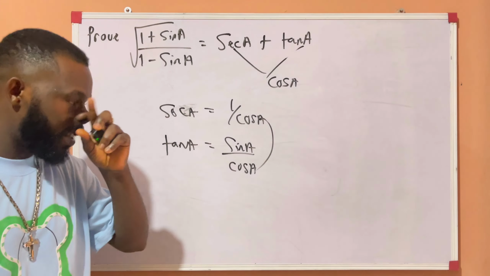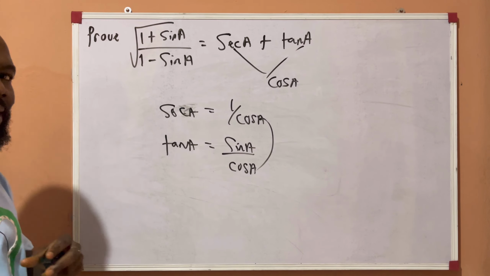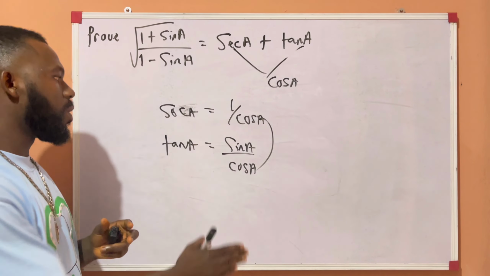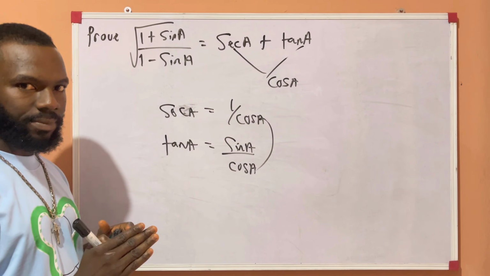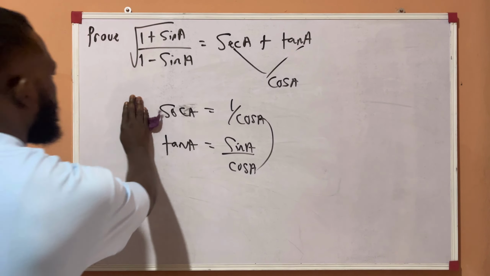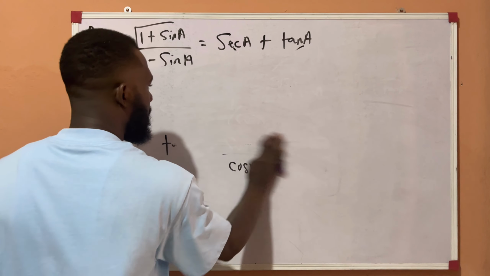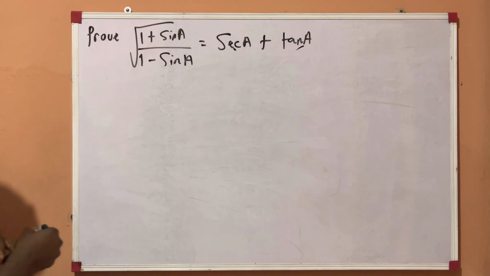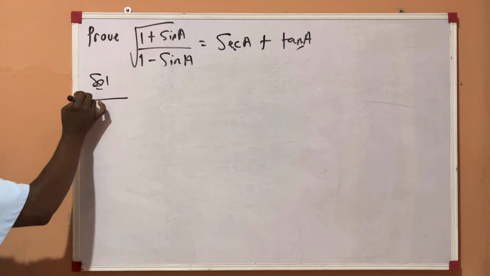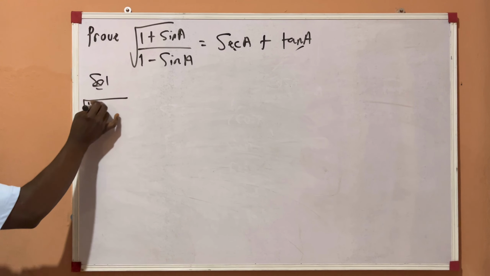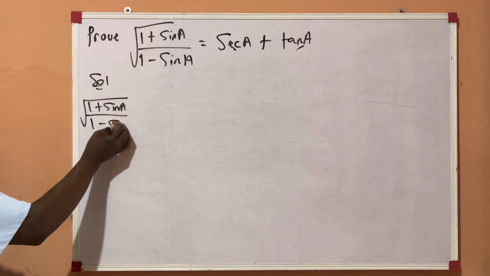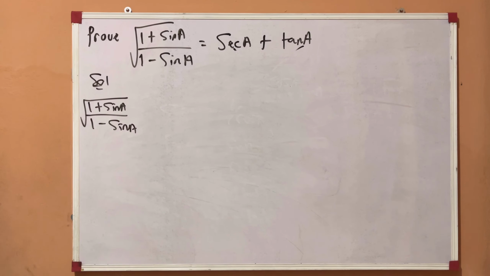So now that we know this, what do we do? Let us come back to the left-hand side of the equation, and we are going to divide all through by cos A. Okay, let's begin. Now, bring down the question, which says the square root of 1 plus sine A over 1 minus sine A. This is the original question.